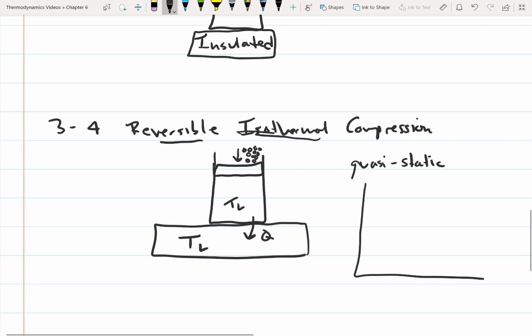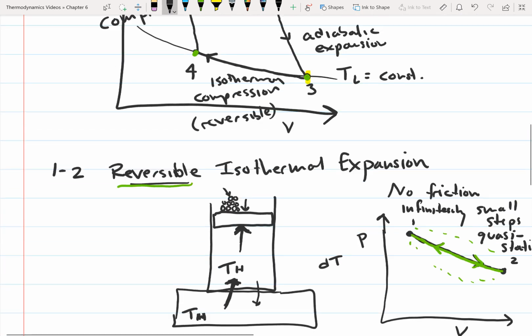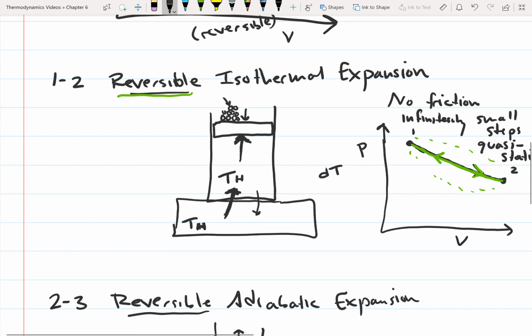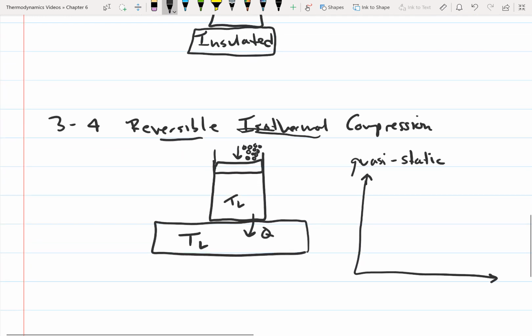If this happens very slowly, so we're going from state, let's go look at this. So we're going from state 3 to state 4, so we can draw that on here. So this is state 3 to state 4. If this process happens extremely slowly, we can reverse the process, and it should follow the same path in both directions.